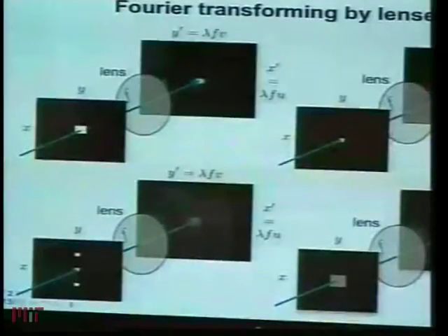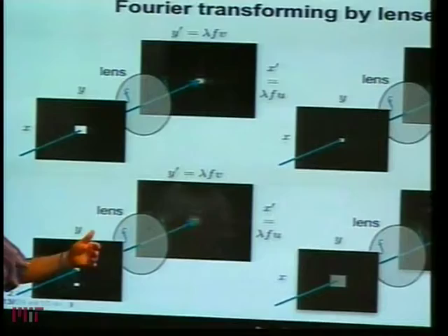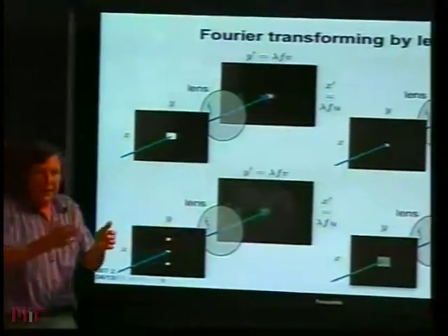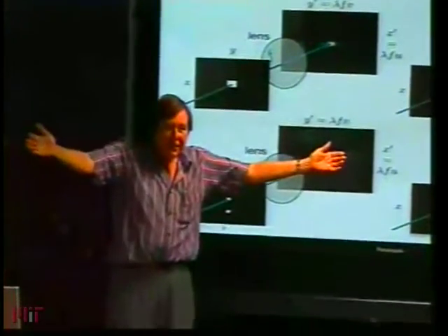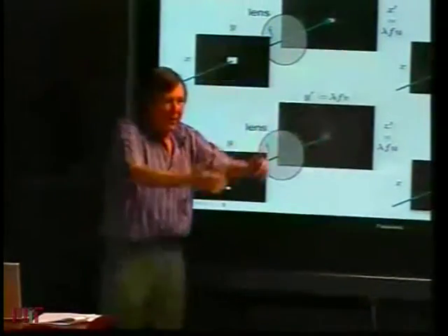Anyway, this conversation is bringing home a very important point that we've mentioned before in the course. If you make a function smaller, its Fourier transform is wider. If you make the function wider, its Fourier transform is smaller, right?